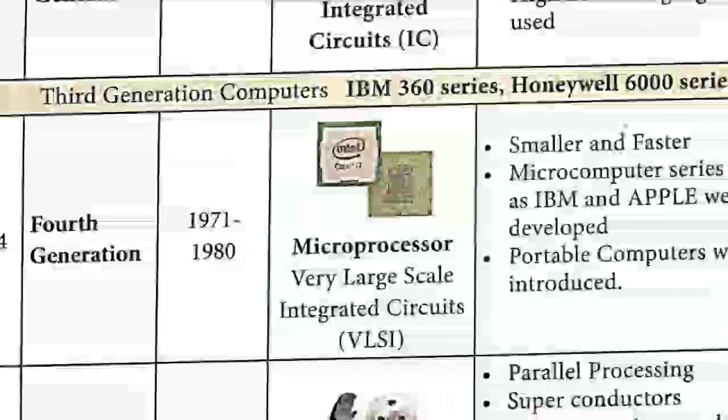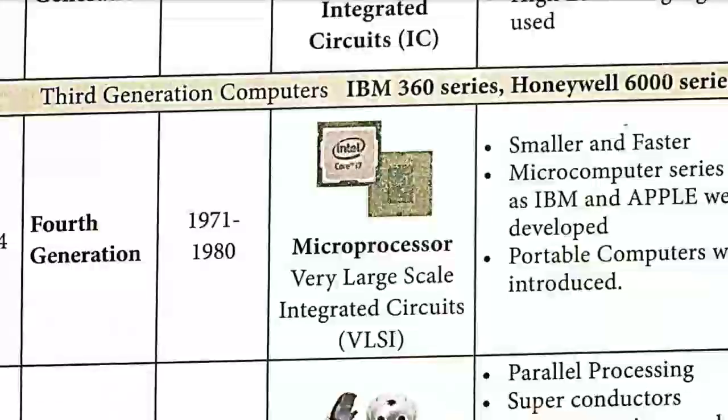ICs, integrated circuits, consist of hundreds, maybe thousands, but this VLSI will have tens of thousands and even lakhs of transistors in it. It is well arranged in such a way that it will be very small in size and very accurate.